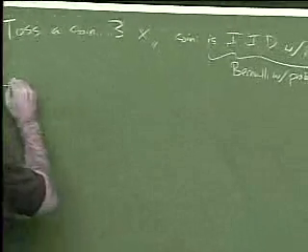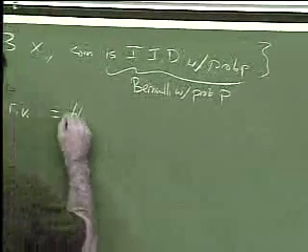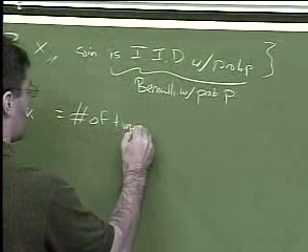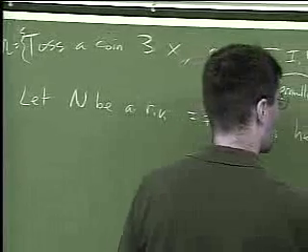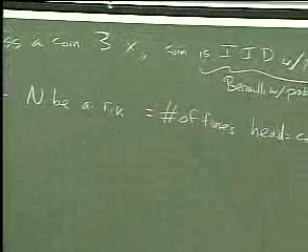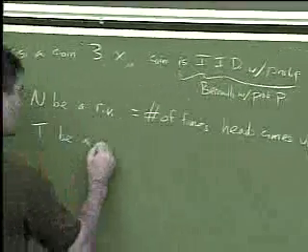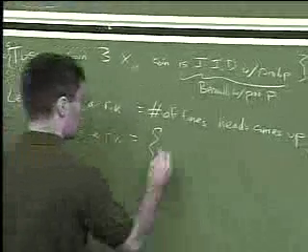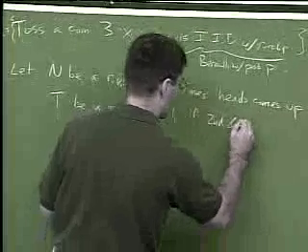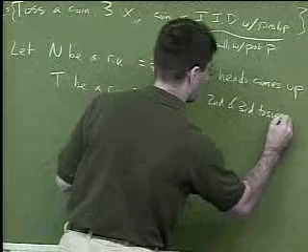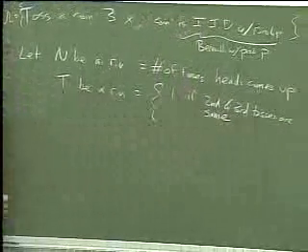Let N be a random variable equal to the number of times heads comes up. And let T be a random variable equal to 1 if the second and third tosses are the same, 0 otherwise.